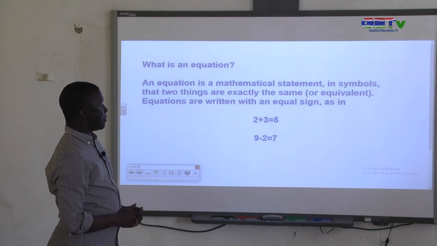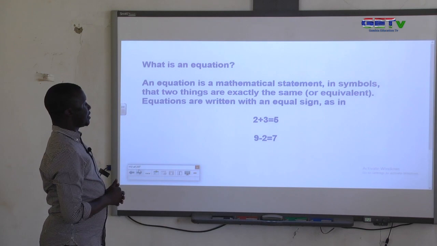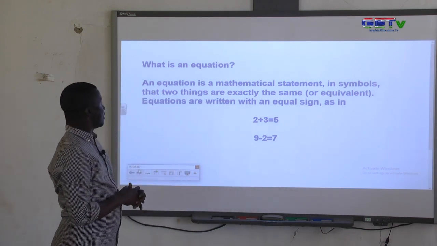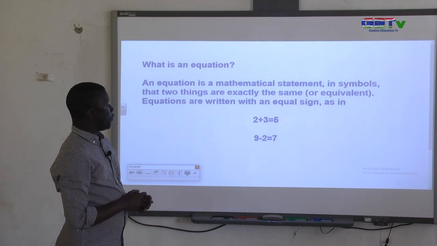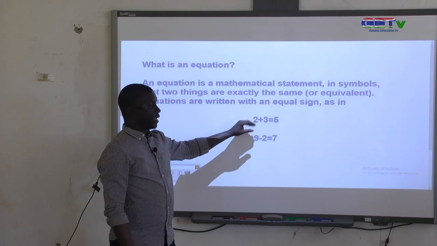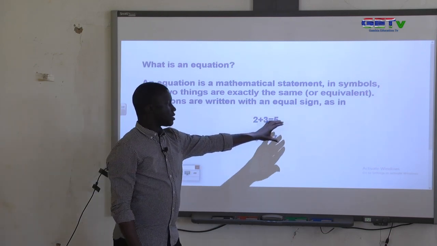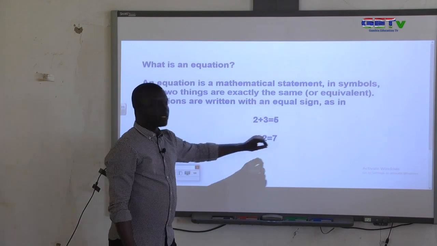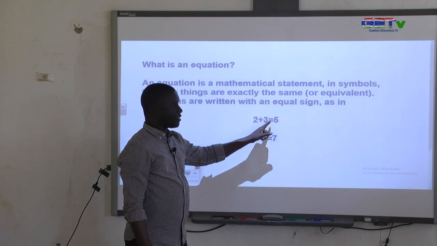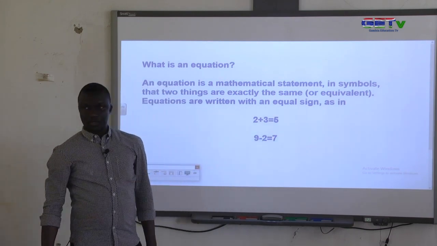An equation is a mathematical statement in symbols that two things are exactly the same or equivalent. Equations are written with an equal sign, as in 2 plus 3 equals 5. This qualifies as an equation because it consists of numbers and an operation, and the existence of the equal sign also qualifies this as an equation.